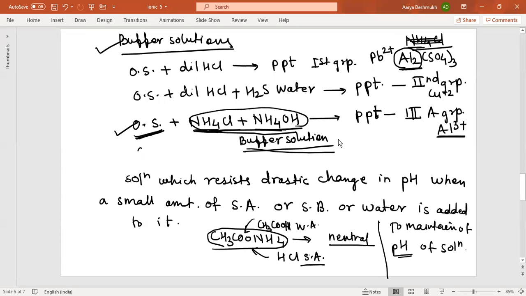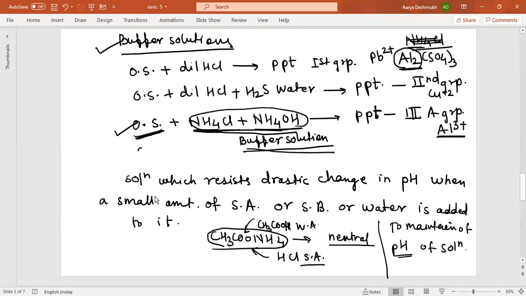If the buffer solution is added and you get a precipitate, then the third A group is present, which comprises the aluminium Al3+ radical. This is the application of buffer solution in inorganic qualitative analysis, which we perform in the laboratory.